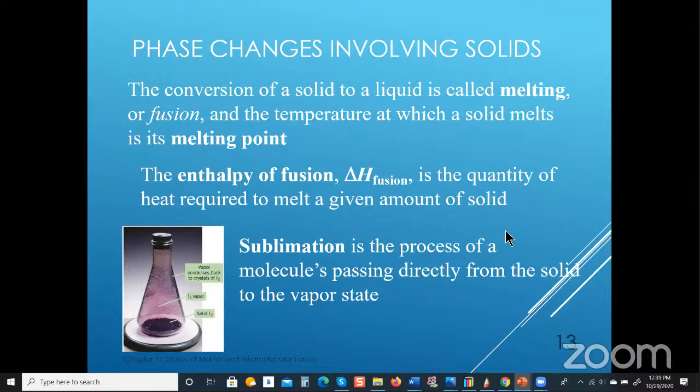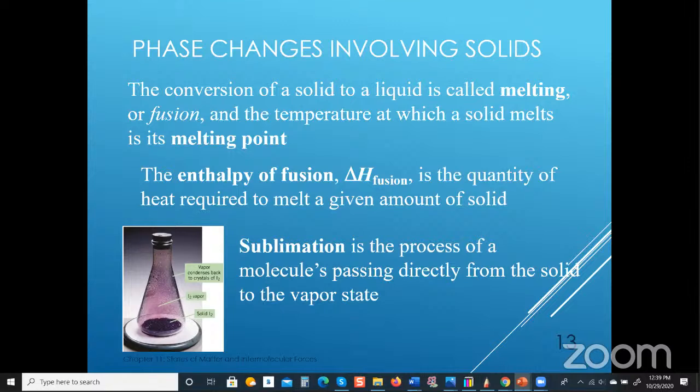And then we have another process, which is called sublimation. And sublimation is basically what happens when you have a solid being converted directly to the vapor state without going through the liquid state, right? You should be familiar with dry ice. Dry ice is basically frozen carbon dioxide.